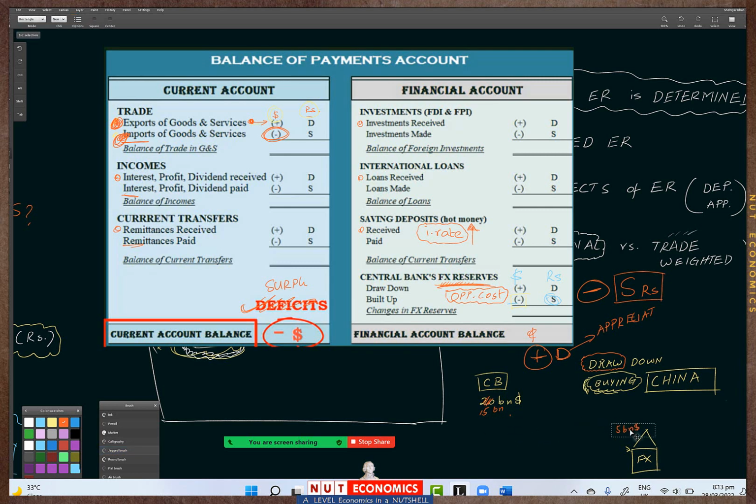They will take them to the FX market and say, take these dollars. In return, they will say, give us rupees, we will demand rupee. So they are countering this excess supply of rupee that is putting pressure on the country's currency to depreciate. The central bank is countering that by drawing down on reserves, using reserves to create this artificial demand for rupee, so that the value of your rupee is maintained.